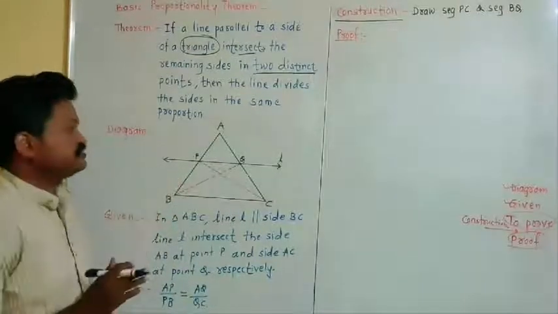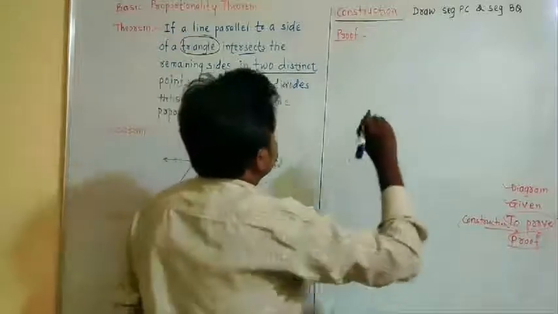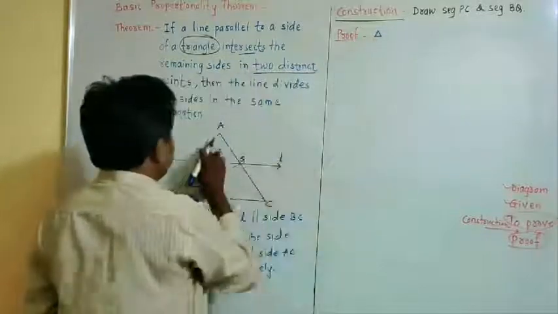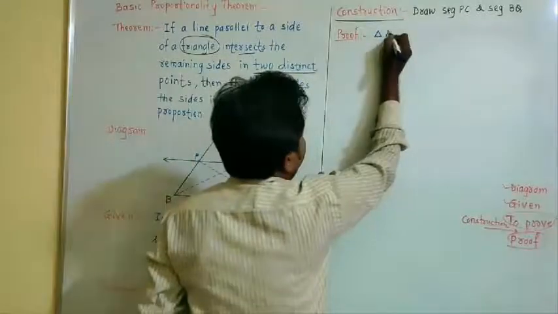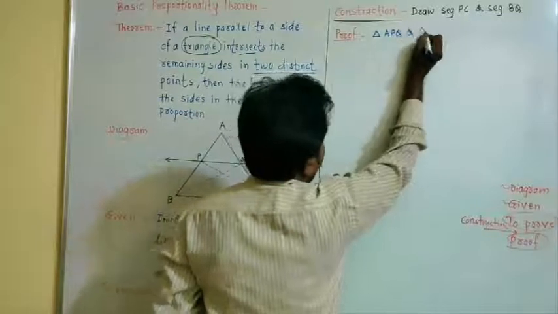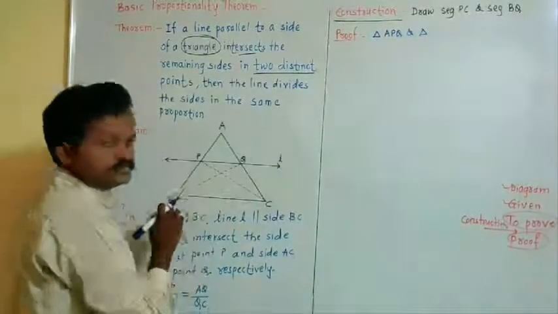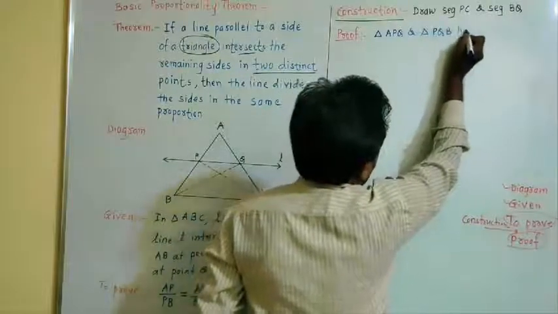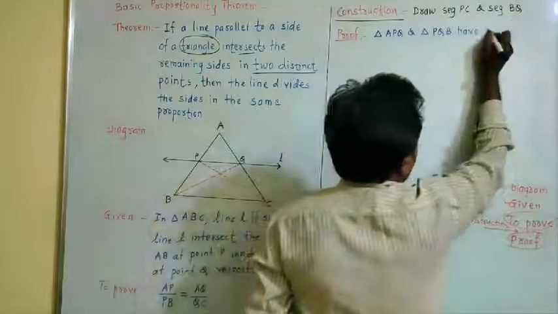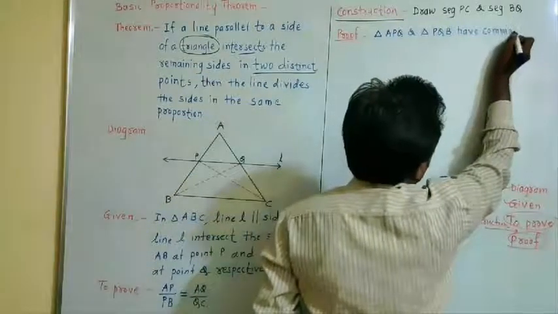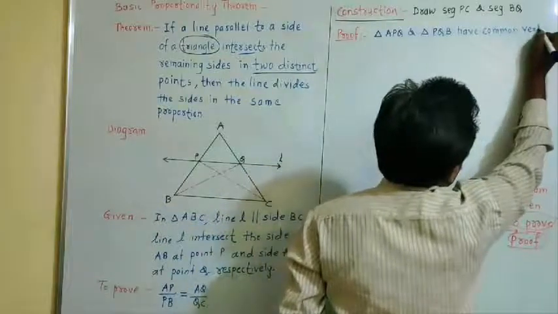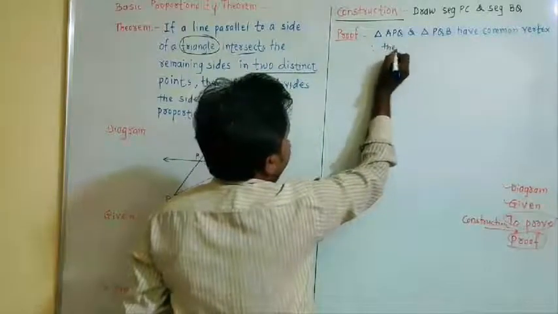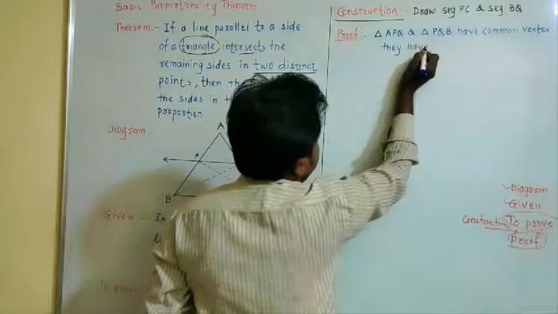So I write here, triangles APQ and PQB have common vertex Q, therefore they have equal height.